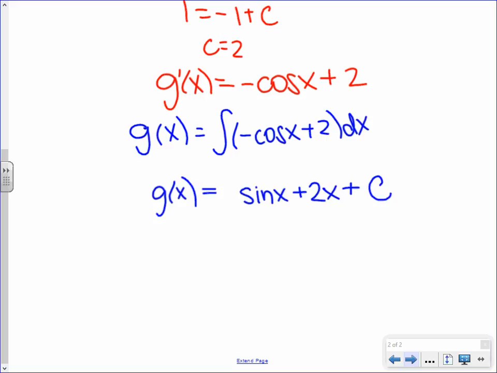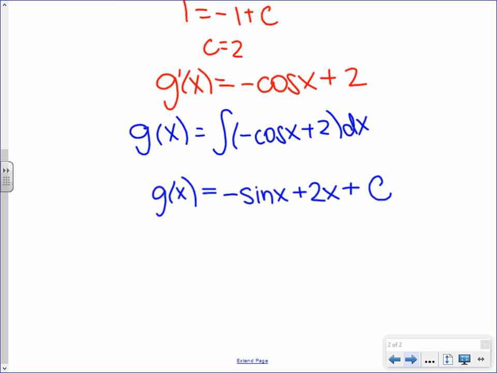Negative sine of x. Jake, do you know why it's negative? It's going to take us a little bit of getting used to, but our sine and cosine are backwards with the negatives when we're doing antiderivatives.